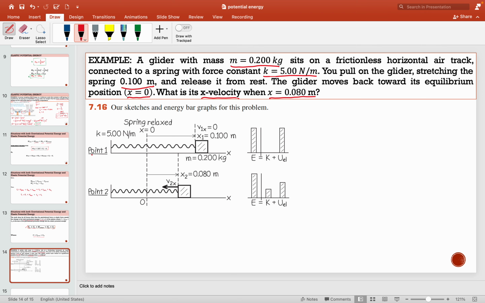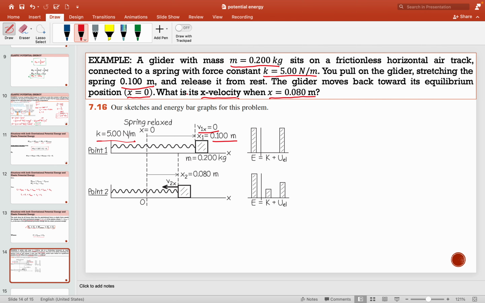At point 1, we have the spring constant, which is 5 newtons per meter, and you pull the glider, stretching it 0.100 meter. This is the first situation. The vertical broken line is the equilibrium position of the spring, so x is equal to 0, and our initial velocity is equal to 0.